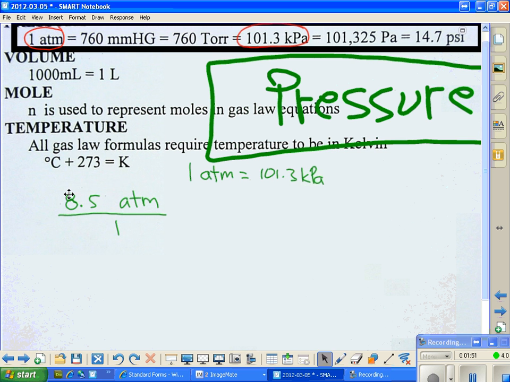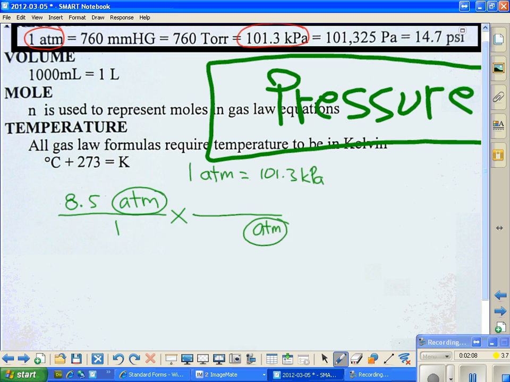Now that I have my equality, all I have to do is make that into a fraction. So I'm going to take my ATMs. Does this look familiar? ATMs on the bottom.